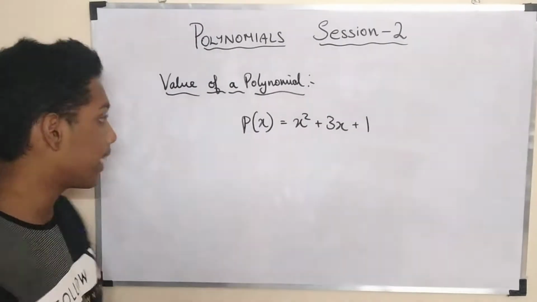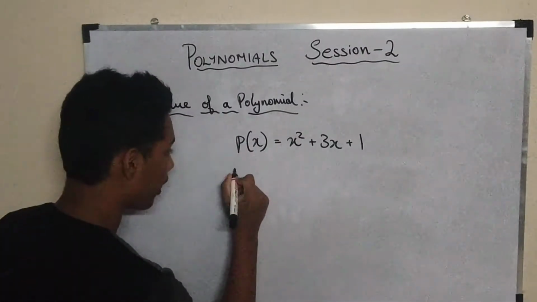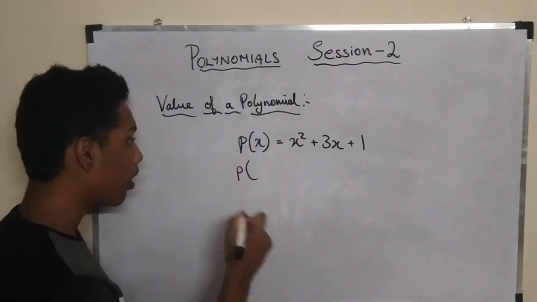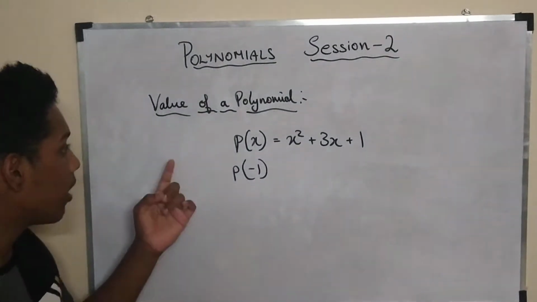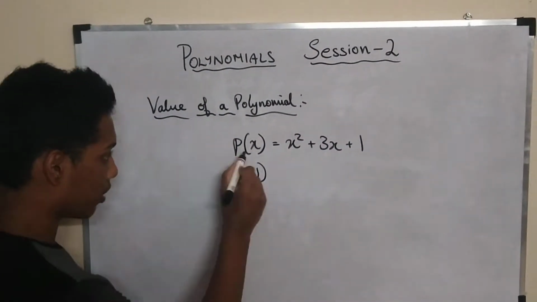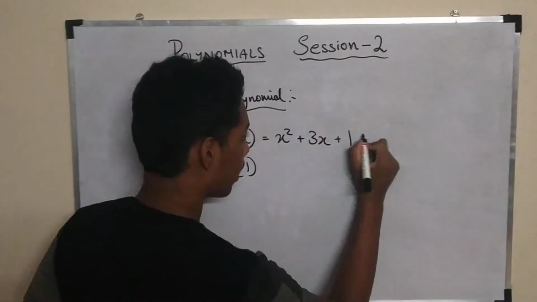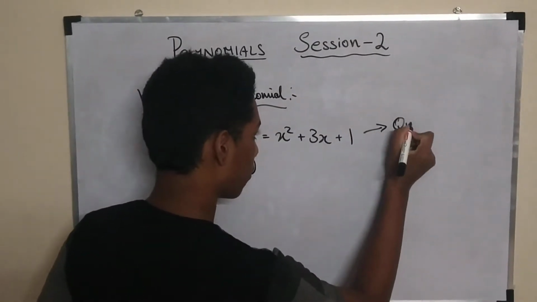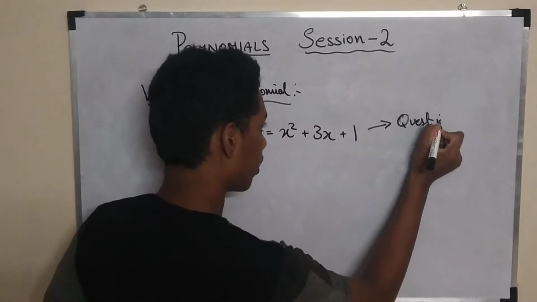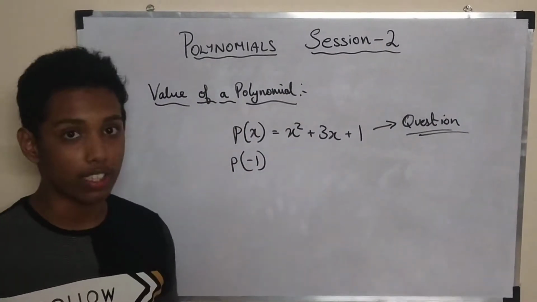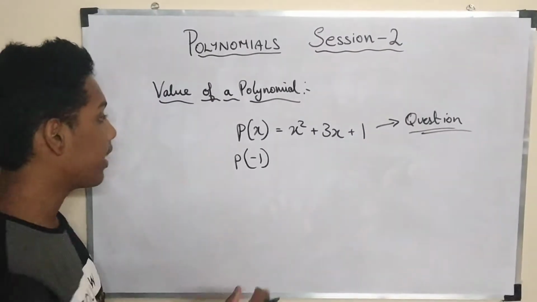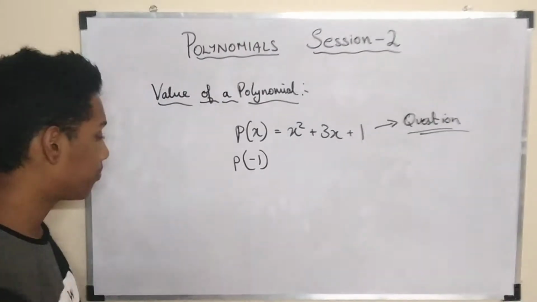They can give a question like, find the value of the polynomial for p of minus 1. This will be given in the question, that p of x is equal to x square plus 3x plus 1, and they can ask you what is p of minus 1.